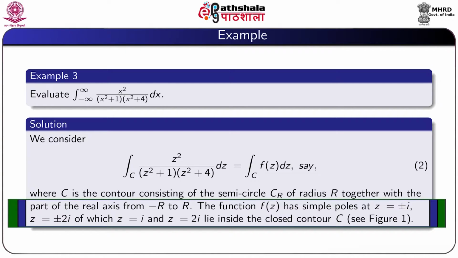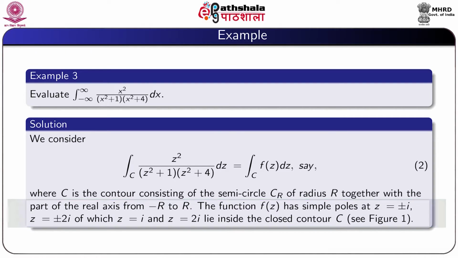The function f(z) has simple poles at z = ±i and z = ±2i, of which z = i and z = 2i lie inside the closed contour C.